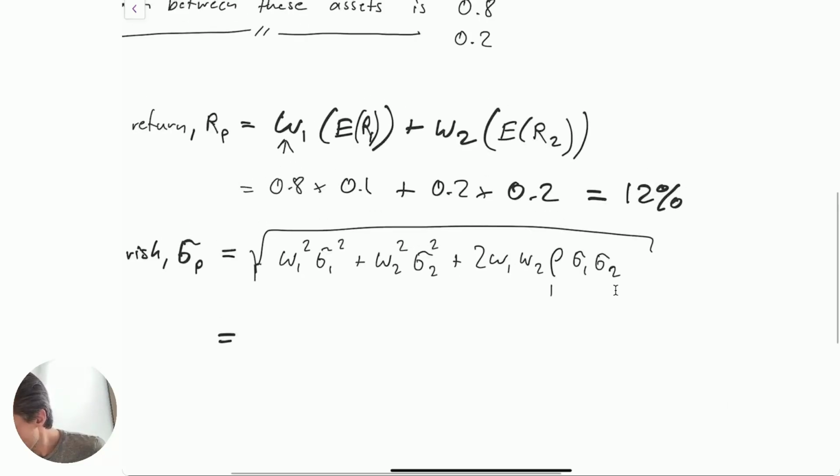That's your correlation coefficient, times standard deviation 1 and then standard deviation 2. Yeah, so that's your formula.